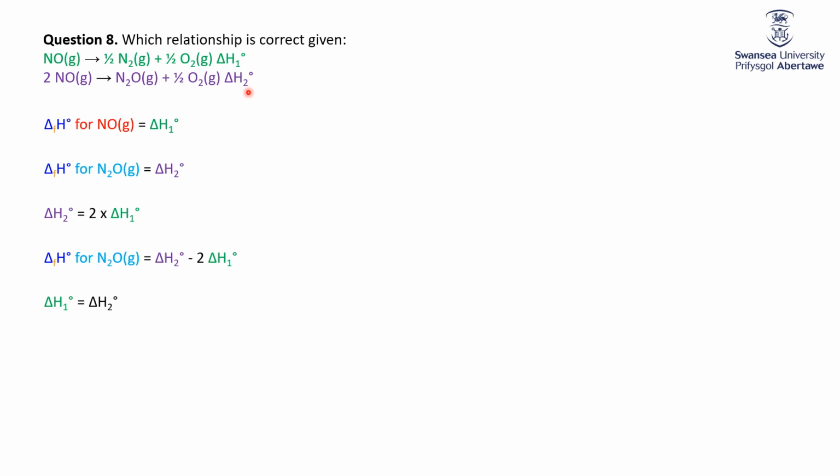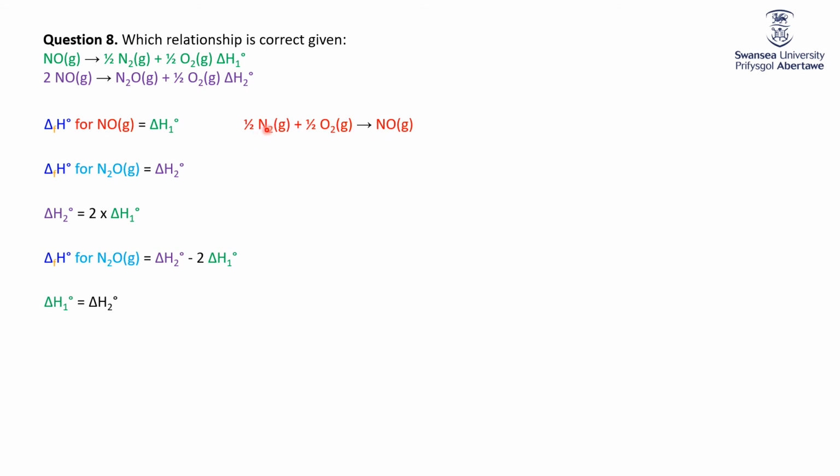Now I'm going to set up various relationships and test them. The first one: does the heat of formation for NO gas equal delta H1? In other words, does the equation that corresponds to the heat of formation for NO correspond to this equation up here? Well, when you have a heat of formation, you're making 1 mole of NO from its elements in their natural state.